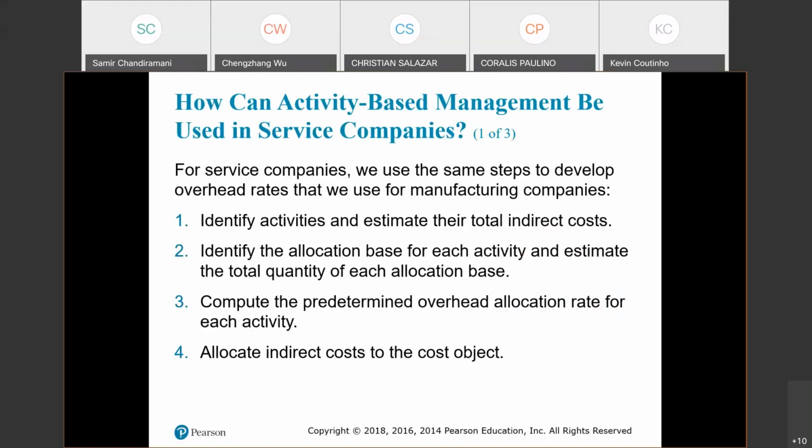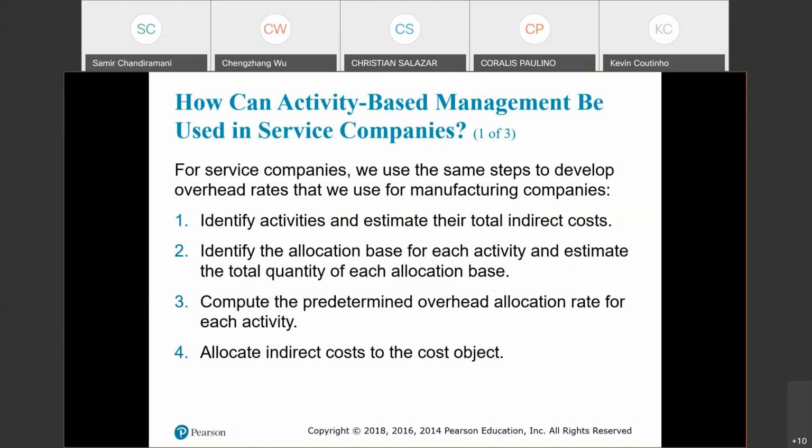First, to identify the activities and estimate their cost of the indirect cost. Second, to identify allocation base for each activity and estimate the total quantity of each allocation base.